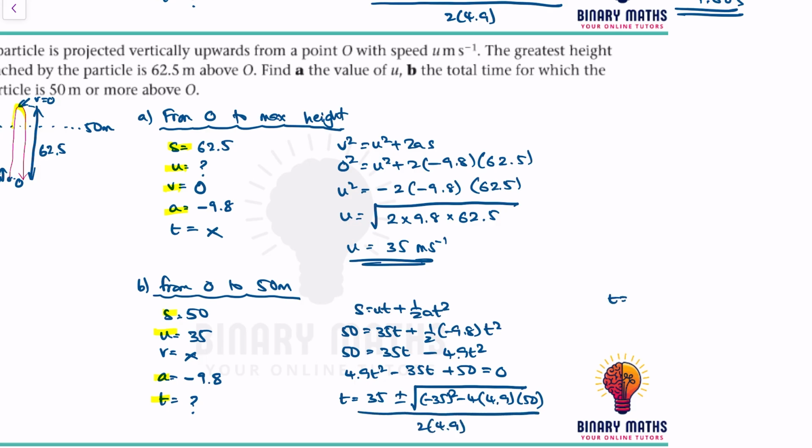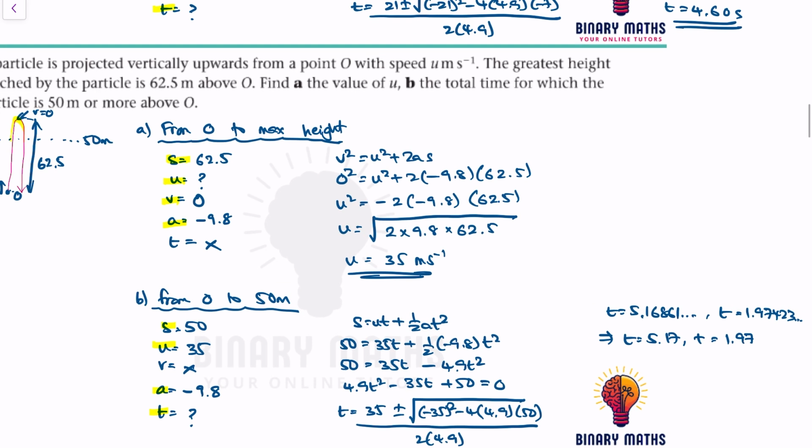Gives us a value of T is equal to 5.16861, or T is equal to 1.97423, which implies T is equal to 5.17 and T is equal to 1.97.